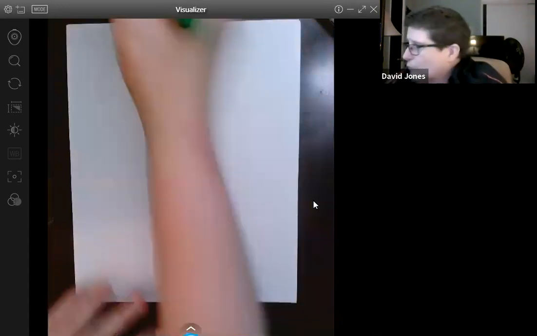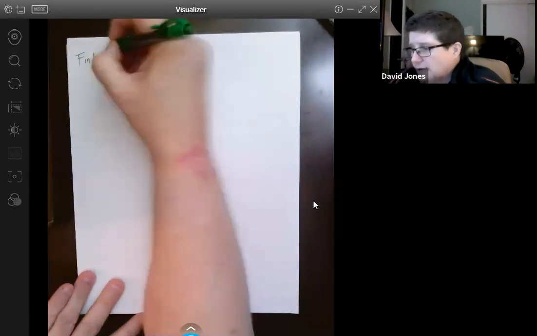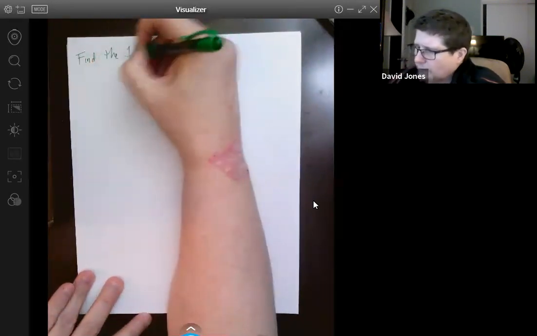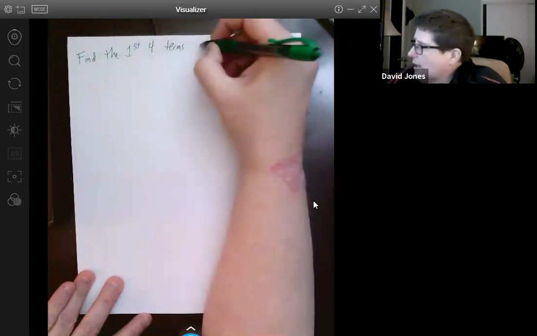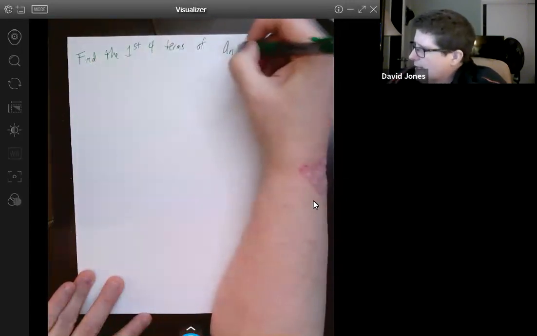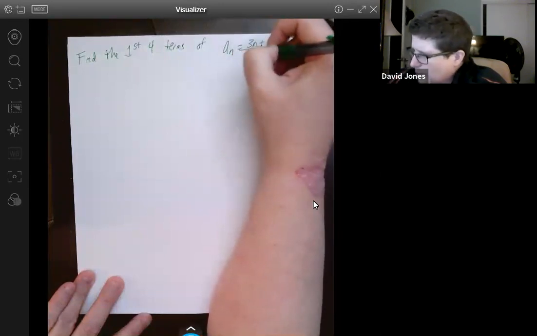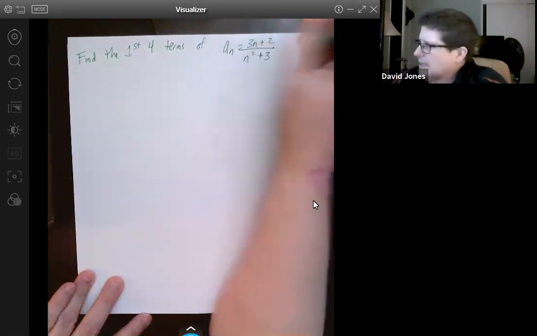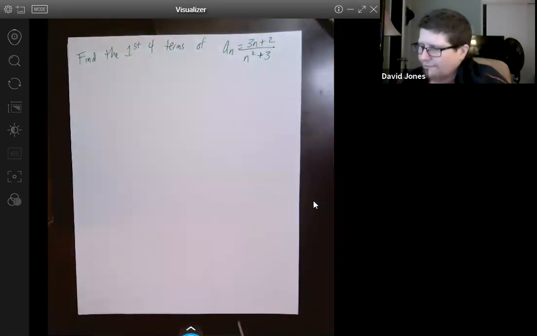Let's just do the first 4 terms of this sequence. We're going to do a sub n equals (3n + 2) over (n squared + 3). I encourage you to write them out.